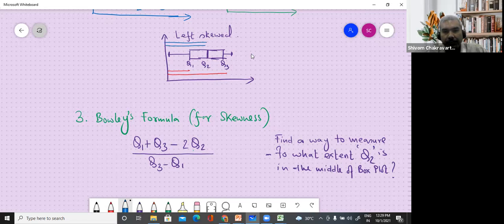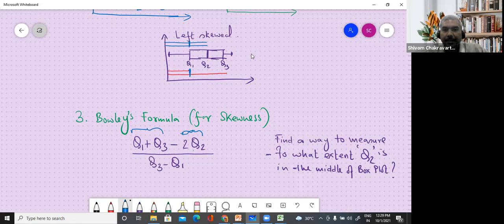And when you are subtracting these two parts, what essentially you are doing, till Q1 it is common everywhere. So this will be twice here and also twice here.